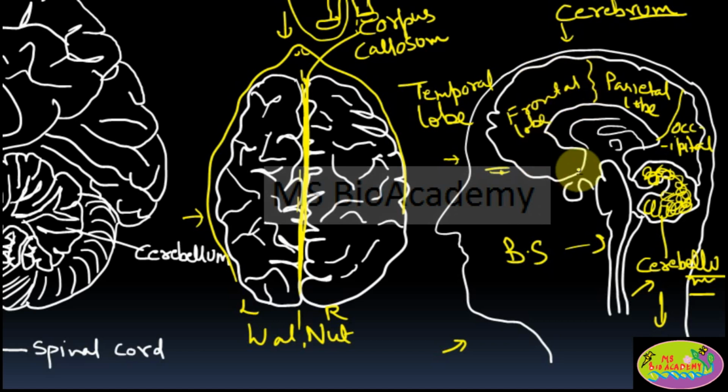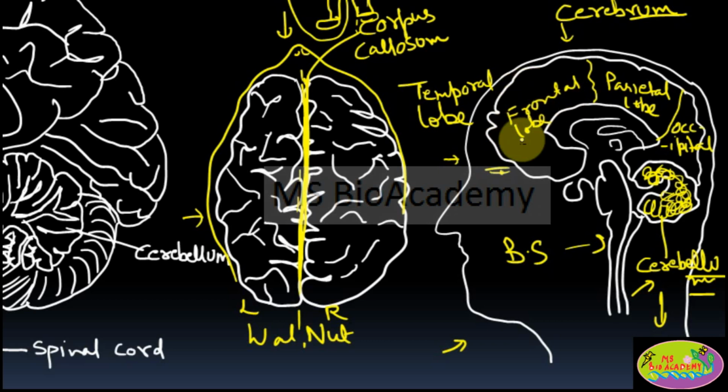Then coming back to the frontal lobe. Now the frontal lobe is a very important thing. The frontal lobe plays an important role in our intelligence, in our body movement, in our speech. Whatever I am speaking right now, whatever I'm writing right now, all these things are controlled by the frontal lobe. My behavior, my emotions, whenever I feel sad or happy or angry, everything is controlled by your frontal lobe, right?